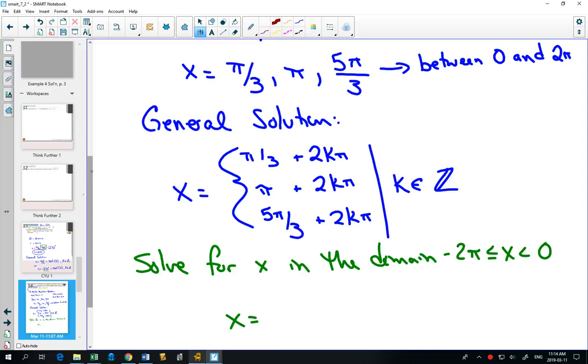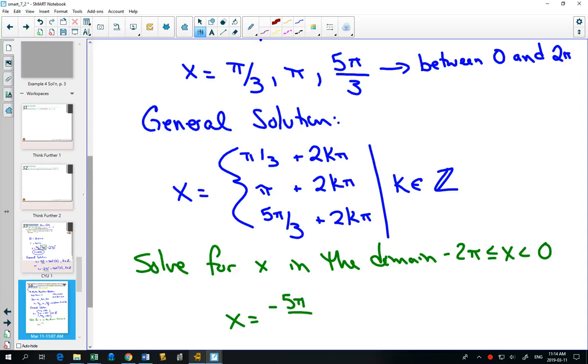So again, it's sometimes helpful to take out your unit circle and say, here's pi over 3. In the positive direction would be going here. What angle would that be if I went in the negative direction? And can you see that when I go in the negative direction, it gets me into like the 4th negative quadrant? And so it's going to be negative 5 pi over 3.